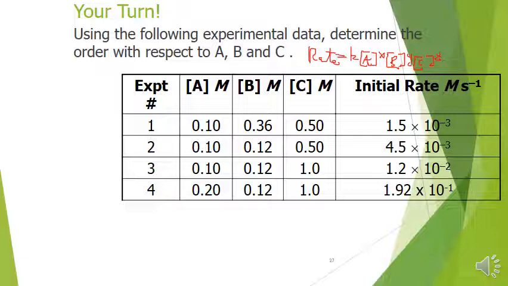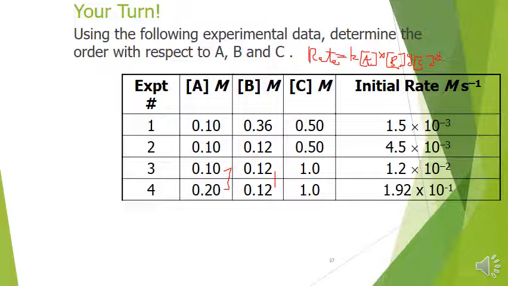All right, so let's figure out what experiments we're going to use for each one. For A, which one changes A and holds B and C constant? We'll see that's 3 and 4. So in 3 and 4, we're doubling A. And you don't always have to double it, which you're going to see in a second.